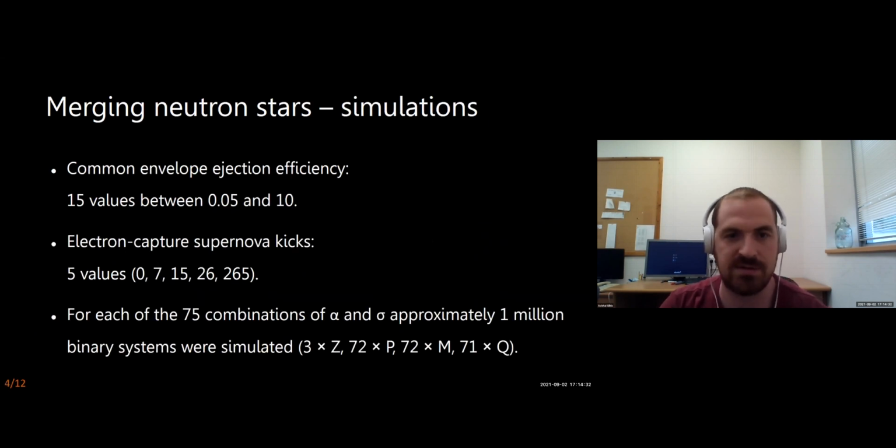So the simulations range over many different values of alpha, the efficiency of utilizing the orbital energy to eject the envelope, and the values range from 0.05 up to 10. And we also changed the electron capture supernova kick velocity distribution.